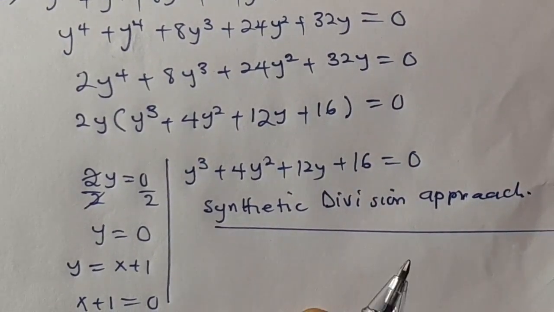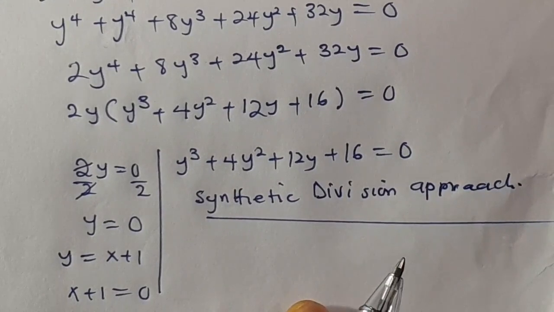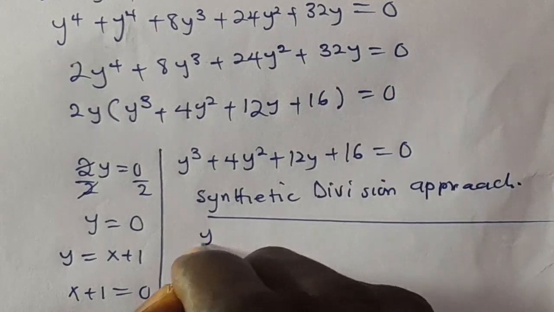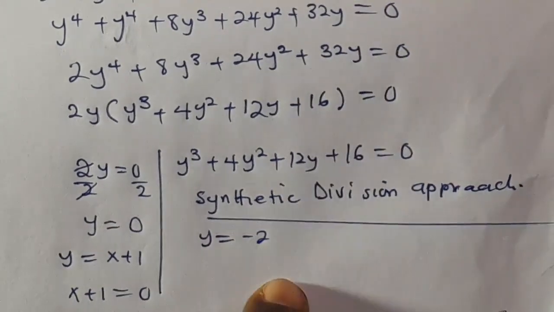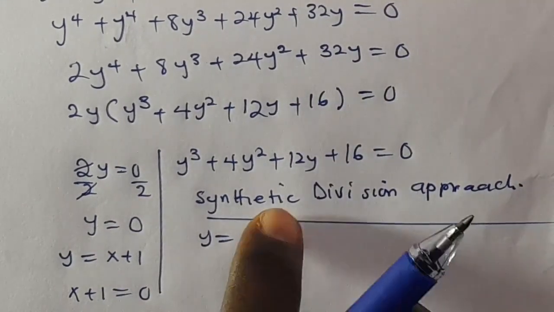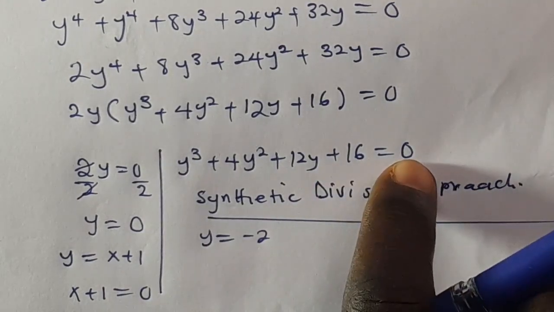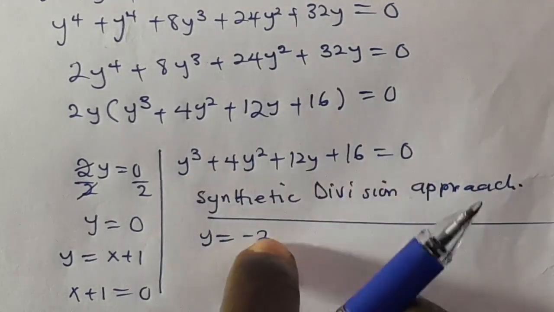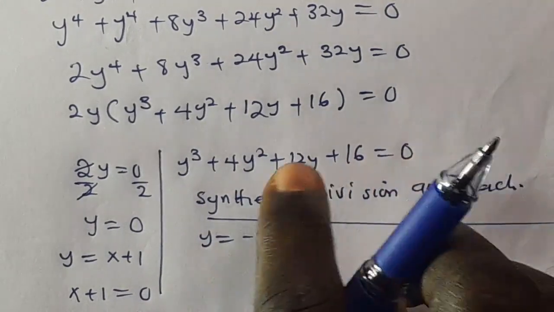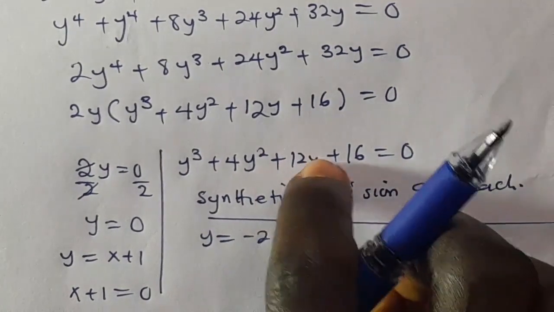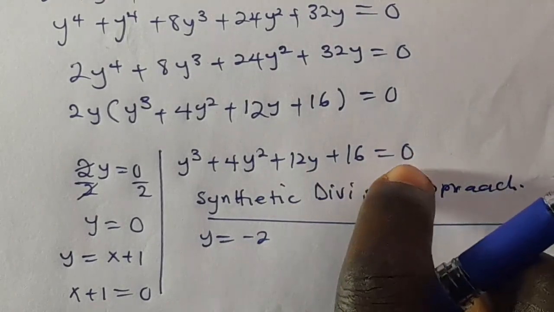It is by guessing any number, assuming when y equals -2, if it will satisfy this expression, that once we substitute the value of y, it will give us 0 at the right hand side to make it equal to the left hand side.